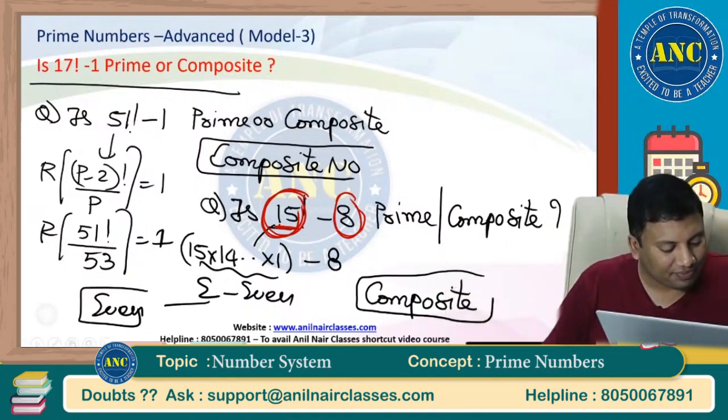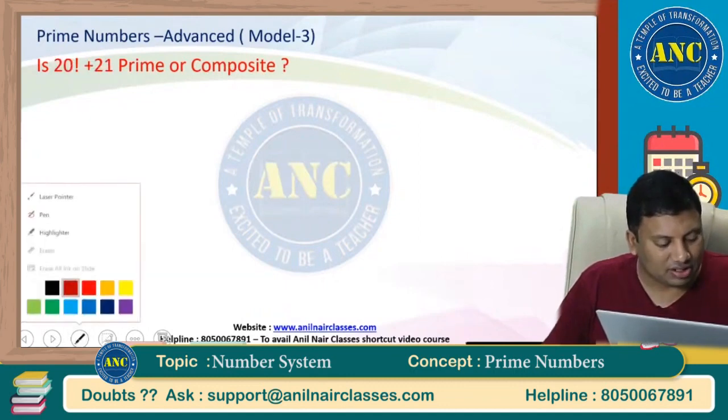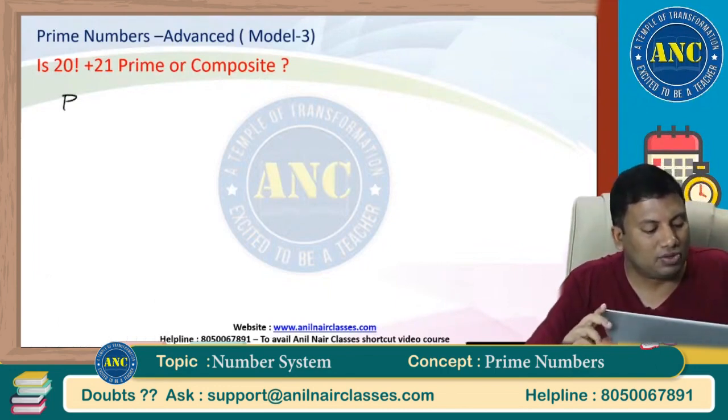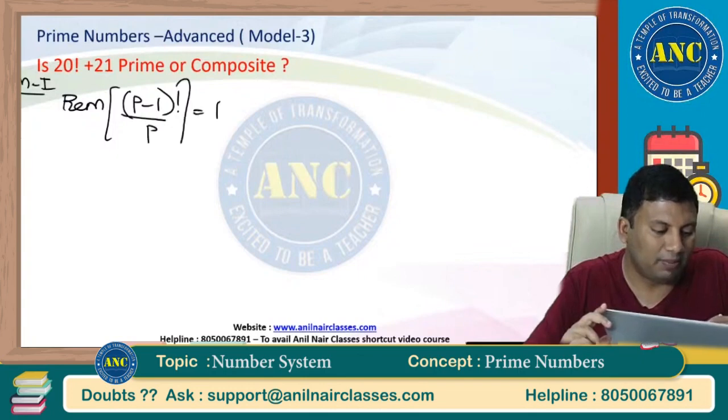Next one, another variety. Varieties of questions in our class: is 20 factorial plus 21 prime or composite? What is the concept that we discussed? I will discuss this problem in two methods. Method 1: (p minus 1) factorial by p is p minus 1.